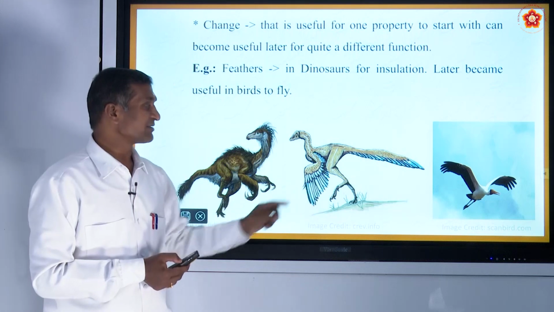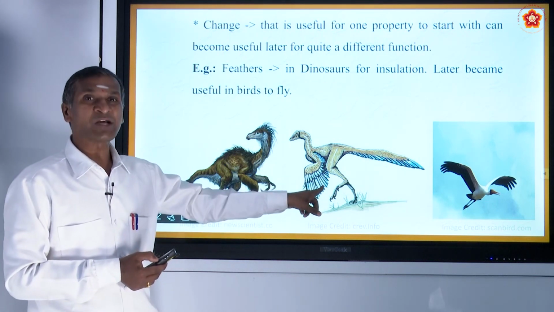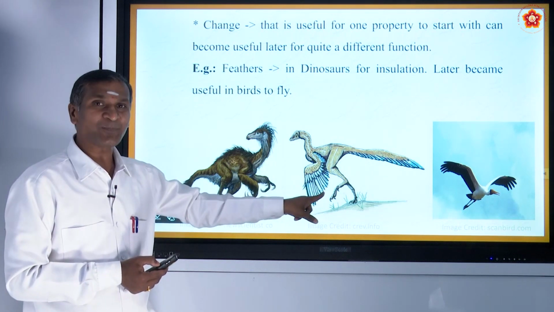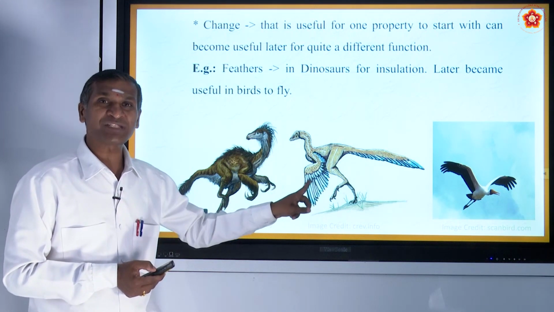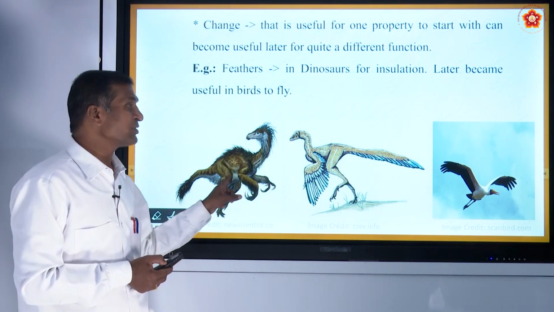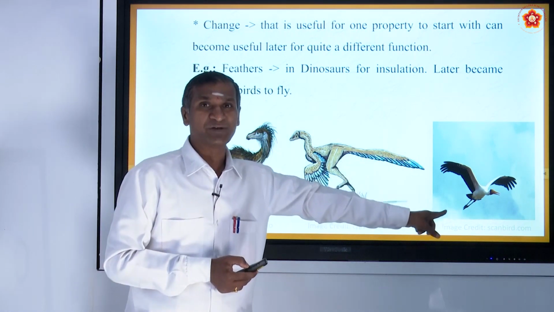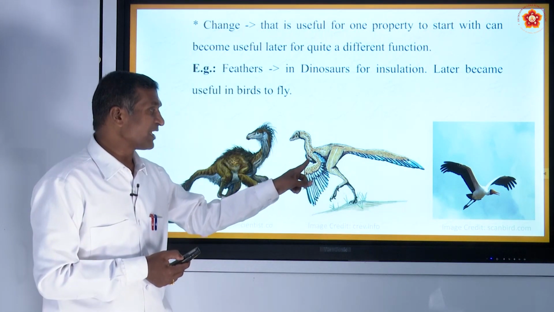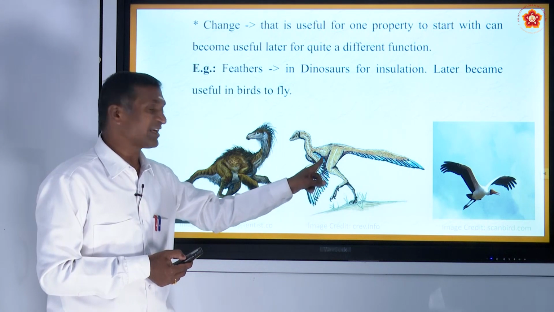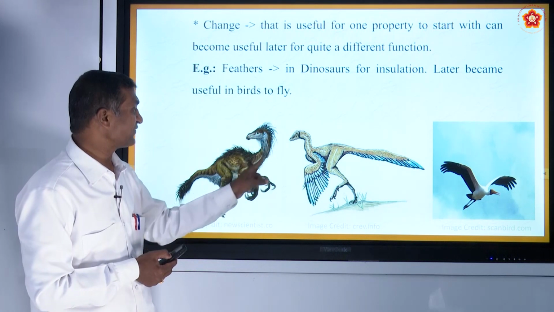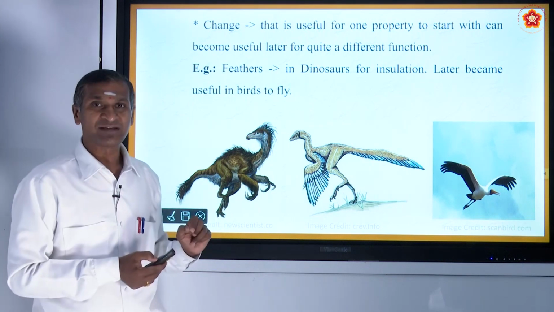Then what is this? It is called Archaeopteryx. This Archaeopteryx is going to tell us that it is a link between the dinosaurs and the birds. Because there is much more development of the wing and the feathers in the Archaeopteryx. Here we see only the feathers for insulation, protection.